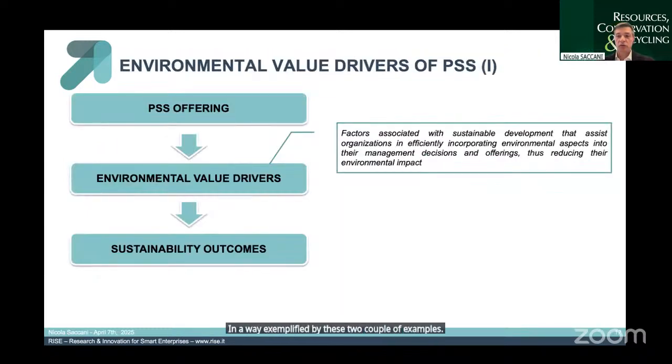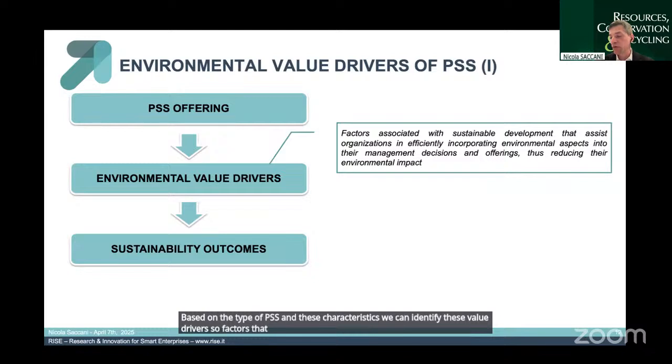In order to do so, we need to introduce the environmental value drivers. Based on the type of PSS and its characteristics, we can identify these value drivers, so factors that contribute to reducing the environmental impact connected with the PSS.